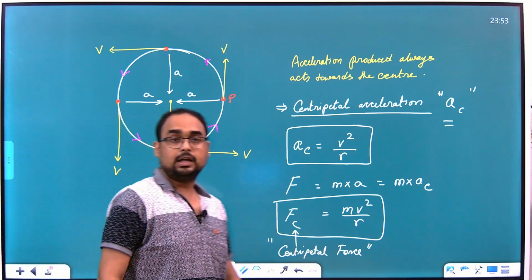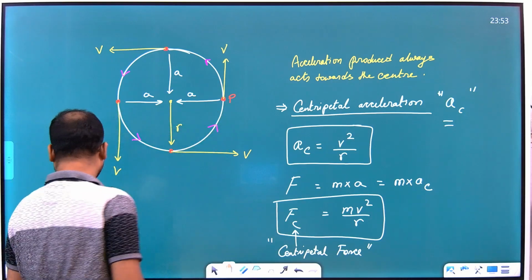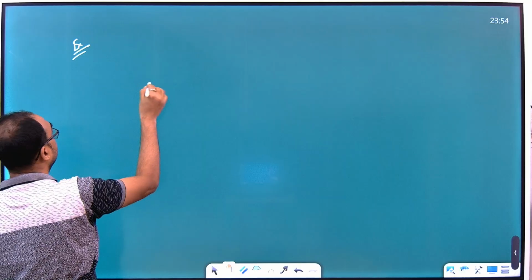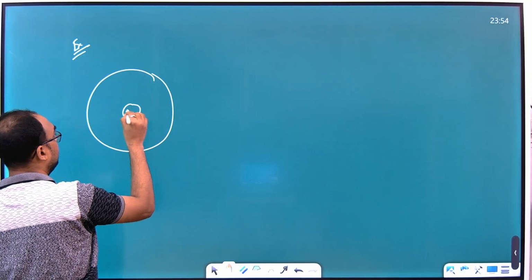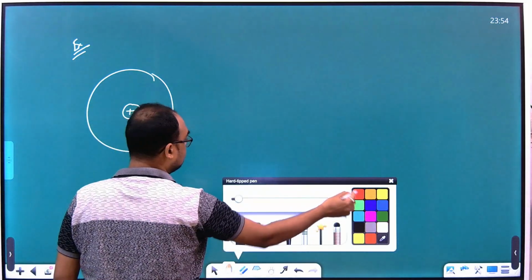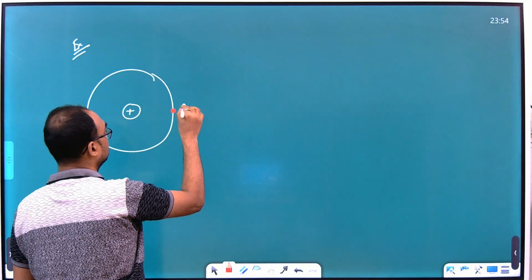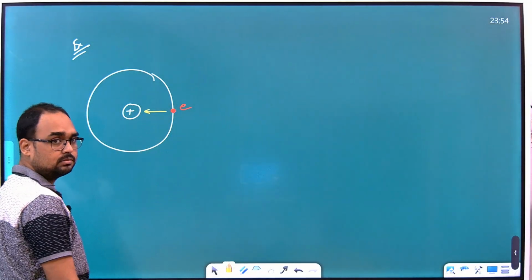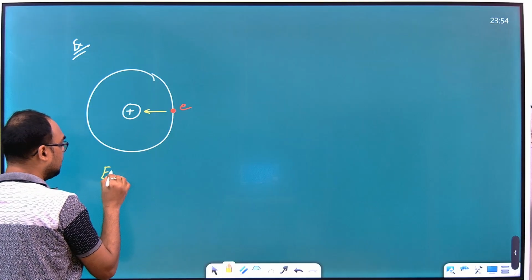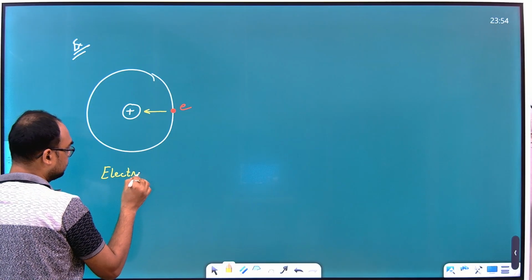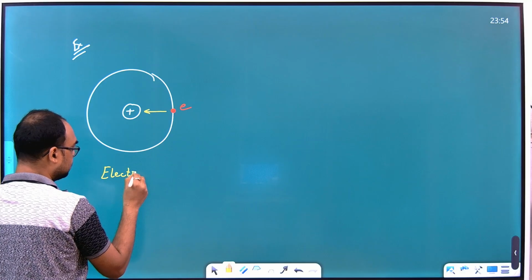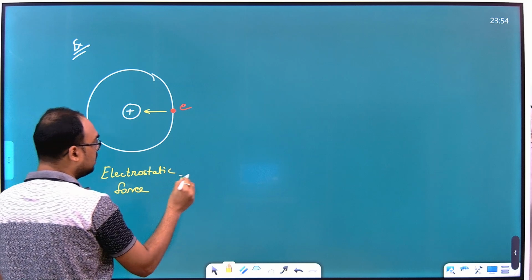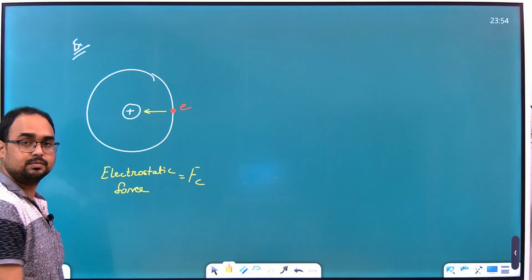Okay? Now let's take a few examples of this kind of centripetal forces. For example, here is a nucleus and here is an electron. There is a force acting towards the center, the force of attraction. So here we have the electrostatic force, which is equal to the centripetal force.